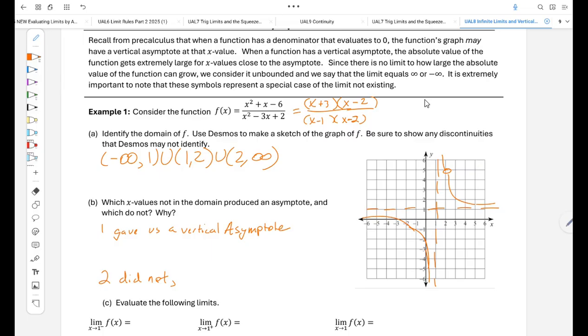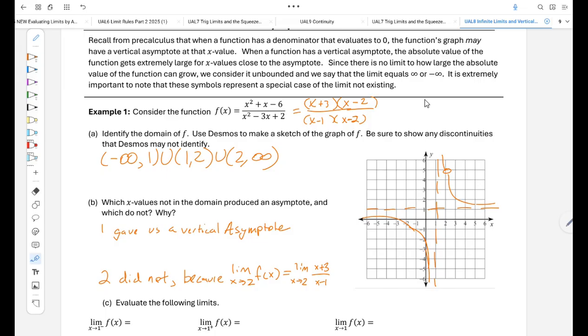The reason 2 did not, let's start there, is because if I calculated that limit as x goes to 2 of f of x, I'd be plugging into x plus 3 over x minus 1.